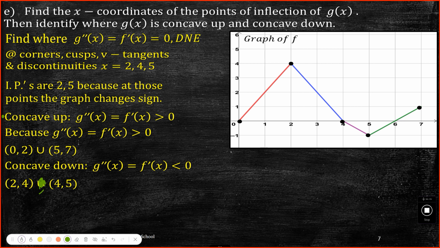Anyways, 2 to 4 and 4 to 5, would that be wrong, or could we just say 2 to 5? How can we justify it? It did not change signs at 4.